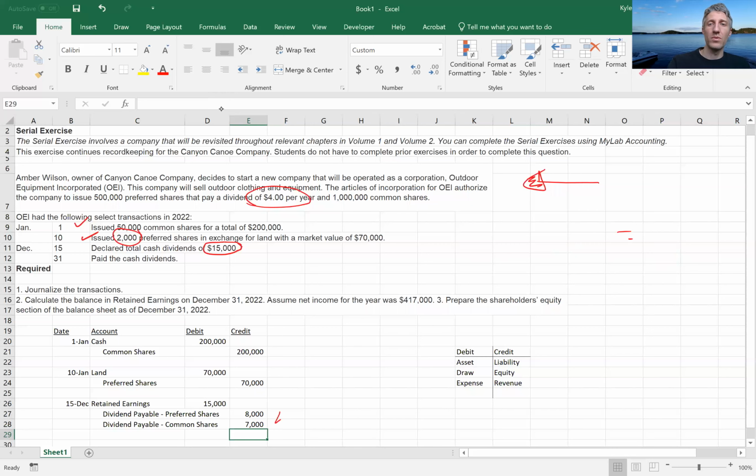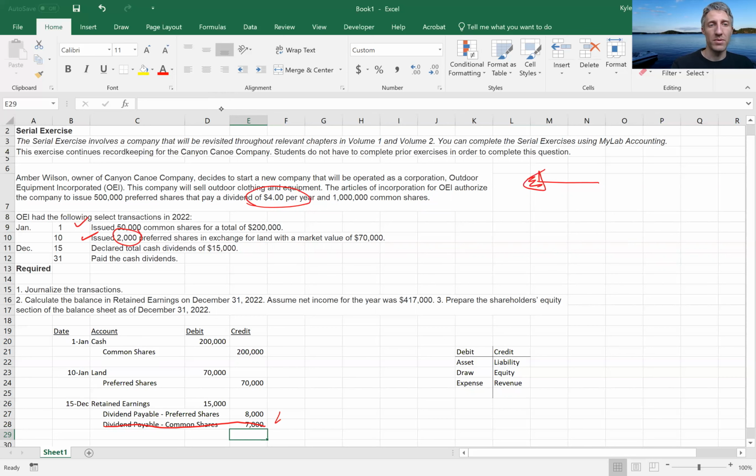Now, if it told us, and this is just an aside, if this dividend declared on December 15th wasn't 15,000, but instead it was only 8,000, there would be no dividend to common shares because the full 8,000 would go to the preferred shareholders.